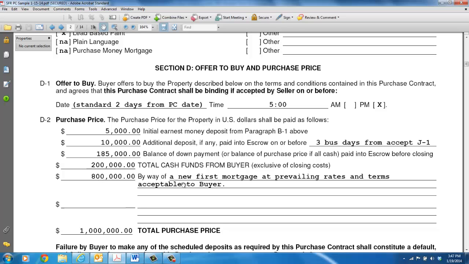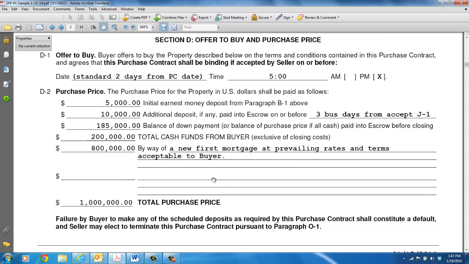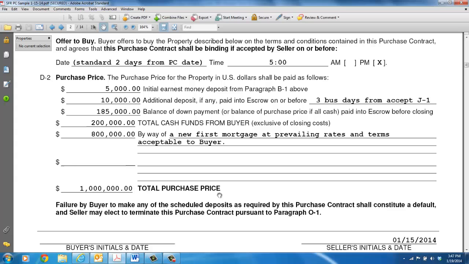So we would put in this standard language, a new first mortgage at prevailing rates and terms acceptable to buyer. If you put acceptable to buyer in here, it's a kind of a cancellation provision for the buyer should something happen with the loan that's not acceptable to the buyer. You have an out there with this language. And then of course the total purchase price.